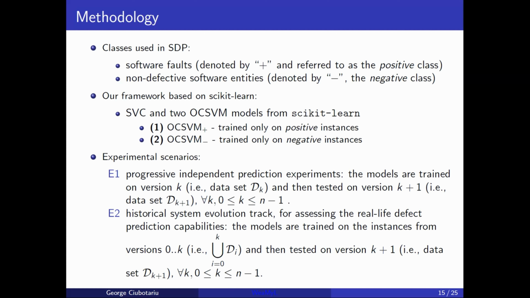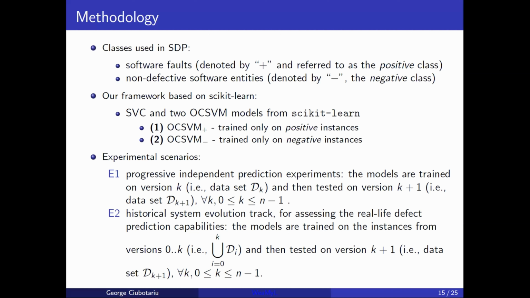The first one refers to training on consecutive versions, like 0 and 1, 1 and 2, training on 2 and testing on 3, and so on. And the second experiment refers to using all the versions from the first one, from 0 to the kth, and testing on the k plus first version.